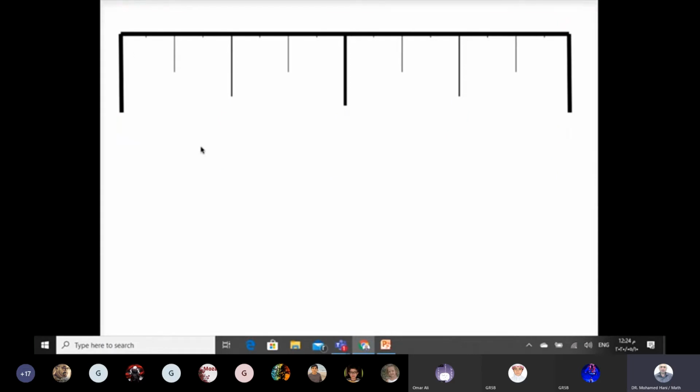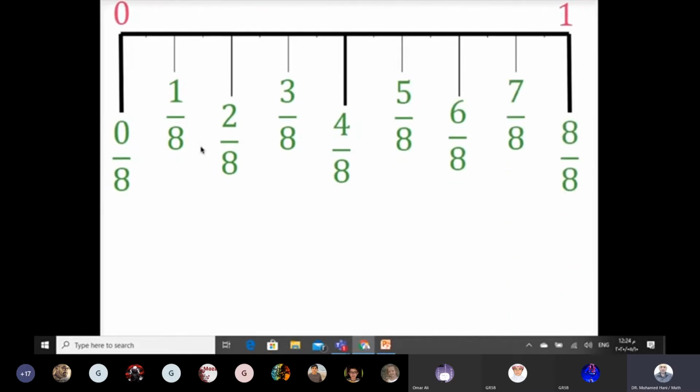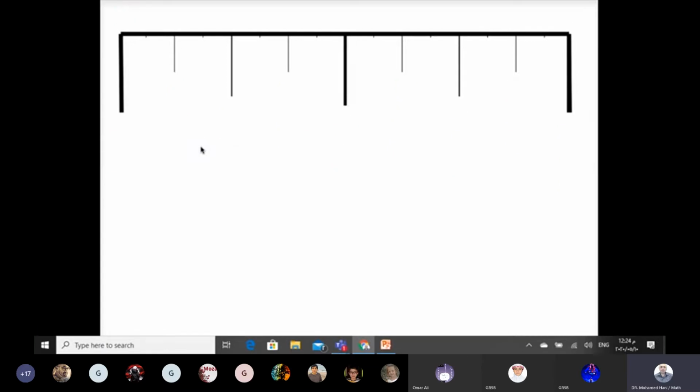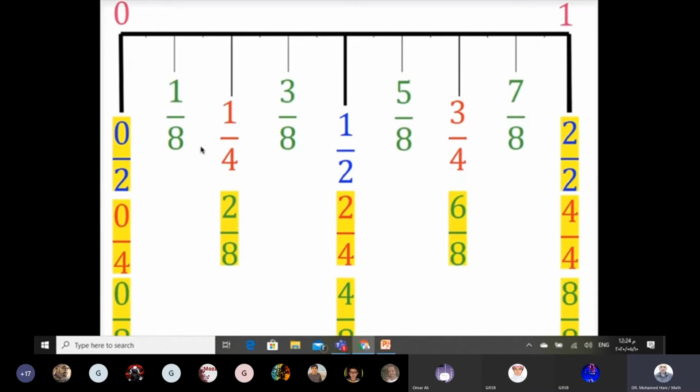We can break it down even further into eighths. Starting at 0, we would have 0/8, 1/8, 2/8, 3/8, 4/8, 5/8, 6/8, 7/8, and 8/8 would equal 1 whole. Now we can take that same whole and put all of them together, the halves, the fourths, and the eighths.